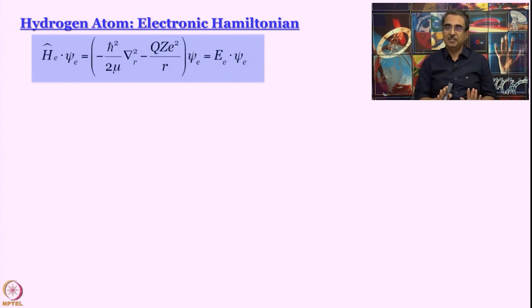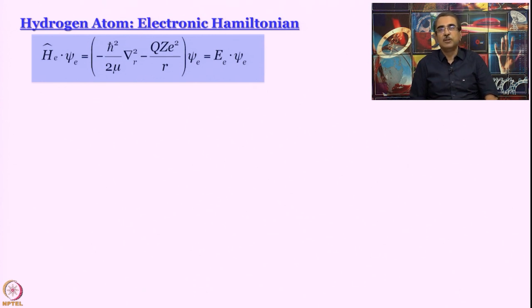If you can believe that we have to formulate this Schrodinger equation for the electronic part, and minus h cross square by 2 mu del r square is the kinetic energy operator for the electron, and this one is the potential, then I think you can understand the rest of the discussion, no problem. Okay.